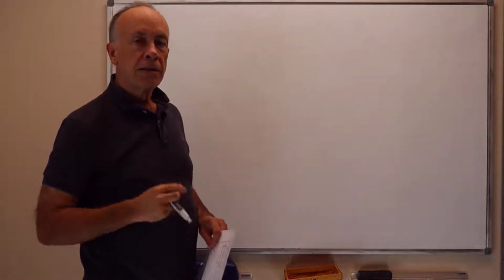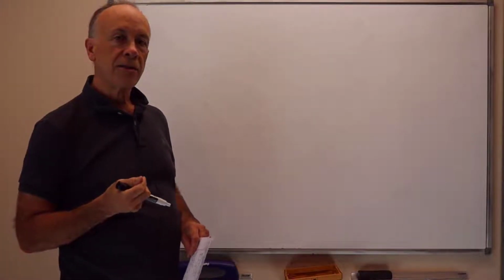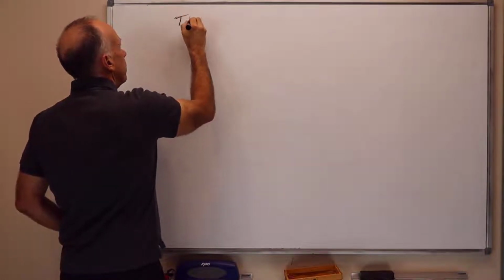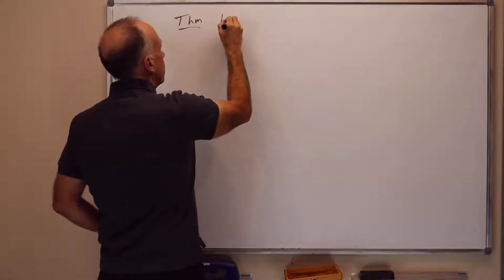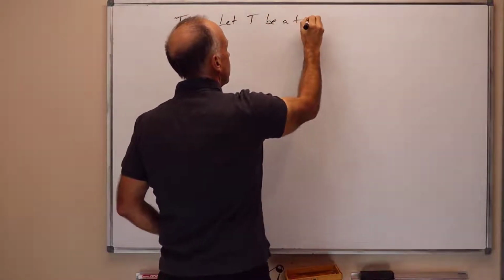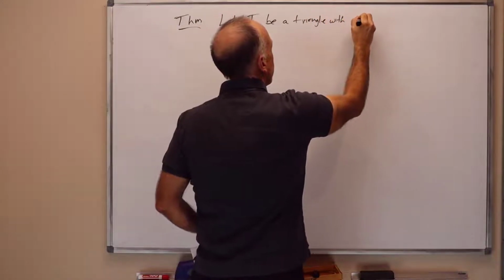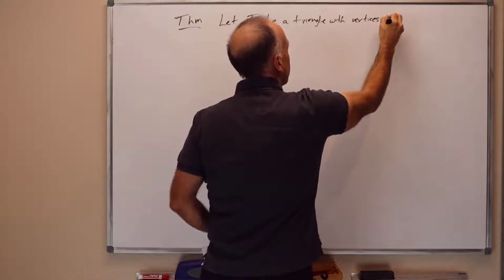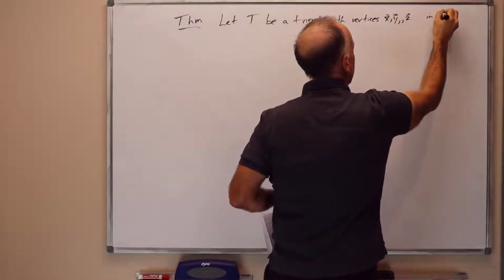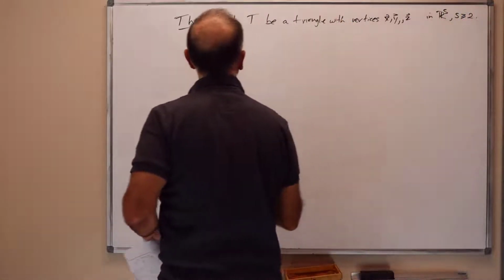First, I'll state a theorem about the barycentric coordinates for the point U when it's inside the triangle. This includes being on the boundary of the triangle. So let T be a triangle with vertices x, y, z, and we're in R^S, S greater than or equal to 2.